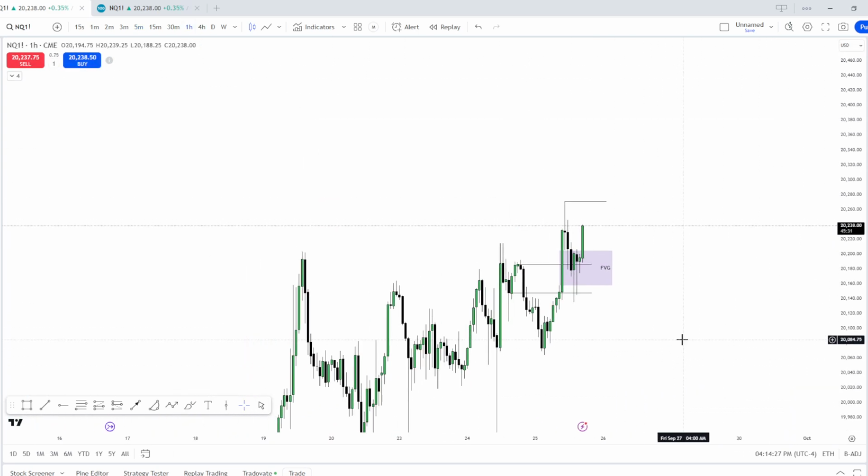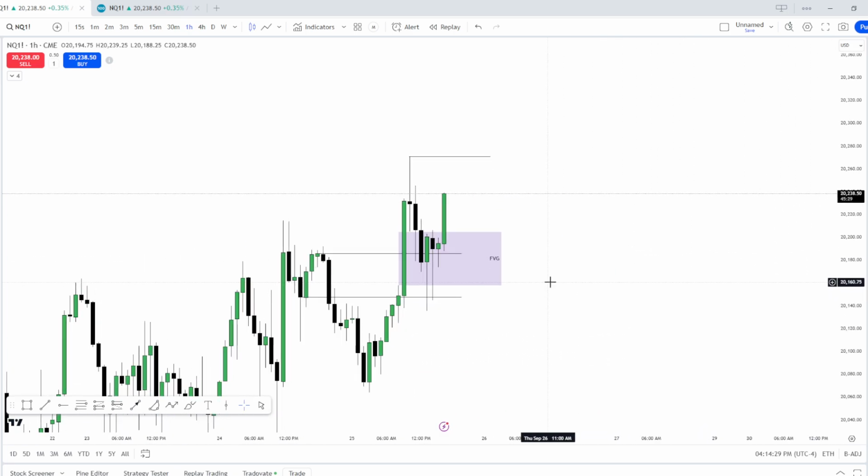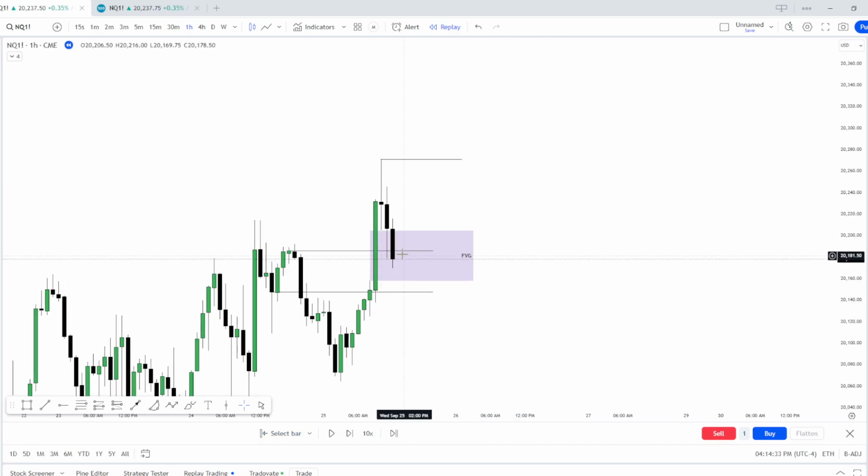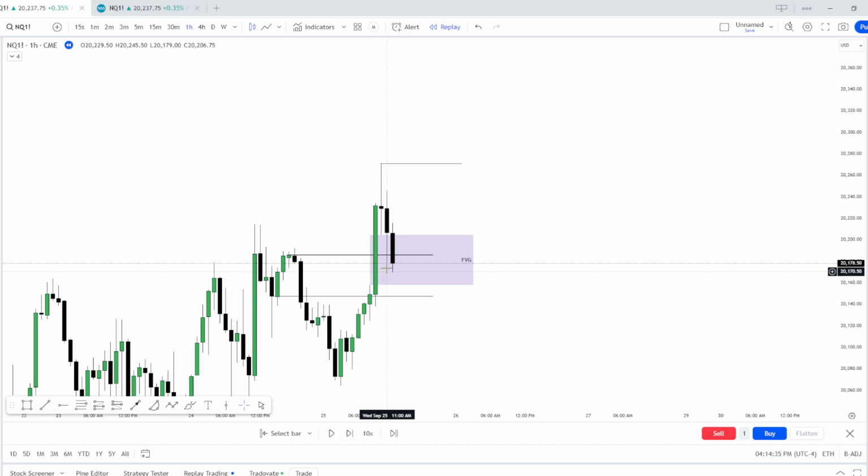Once again, in a situation like this, if I were to go into replay mode, price at this time wasn't really respecting this bullish fair value gap. We had a little bit of a rejection from it, but we're coming right back inside of it.